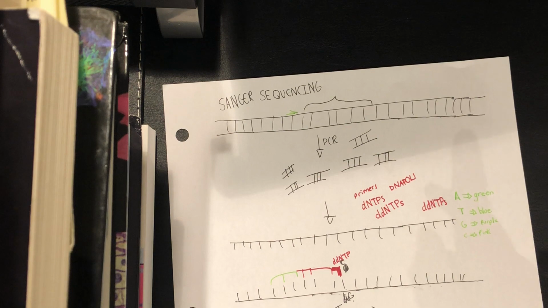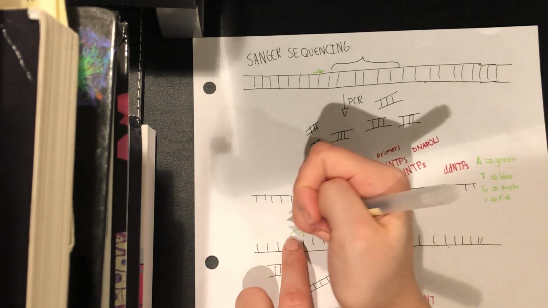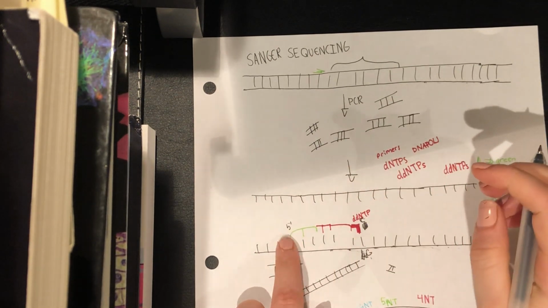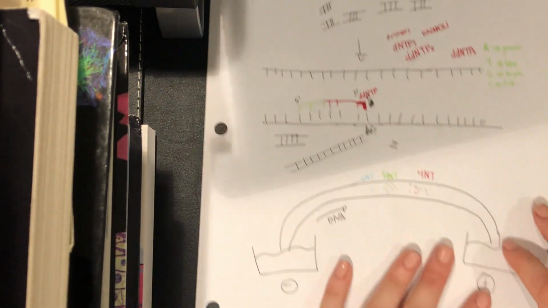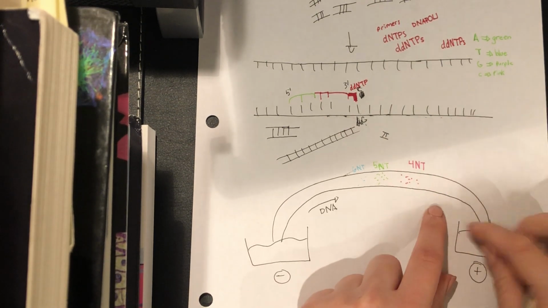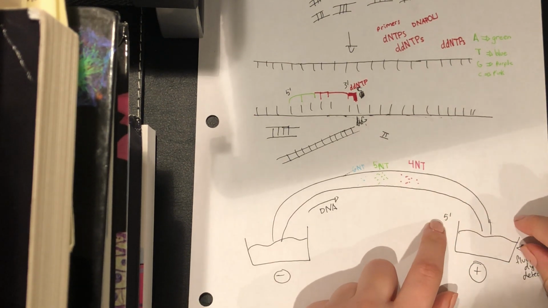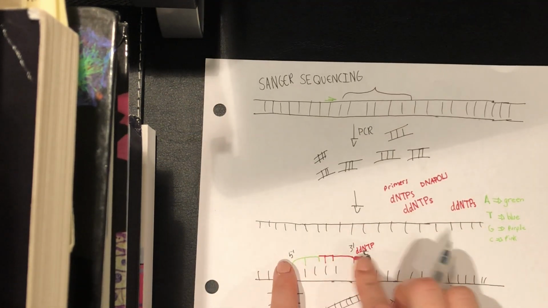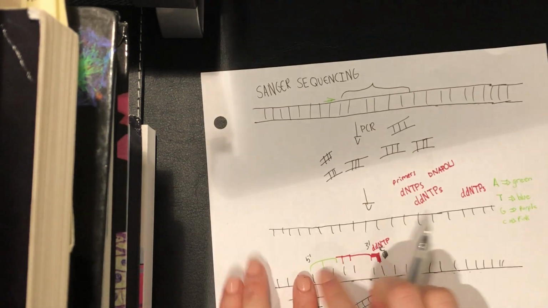And just one more thing, now that I think about it, so that you guys understand that as well, is that DNA is made 5' to 3'. So if this is your primer, whatever is coming through this machine, the first couple of DNA molecules are going to be closer to the 5' end of your new DNA sequence, your new strand is what I mean.